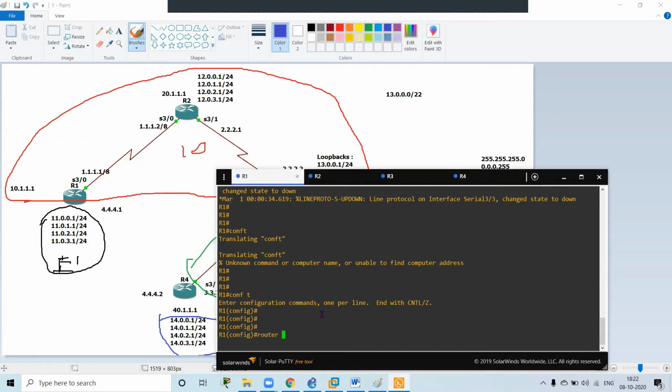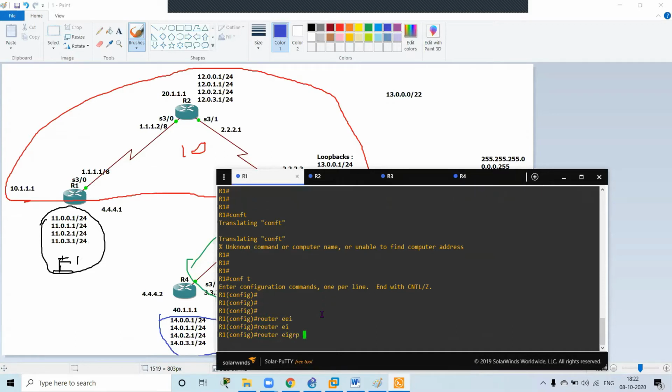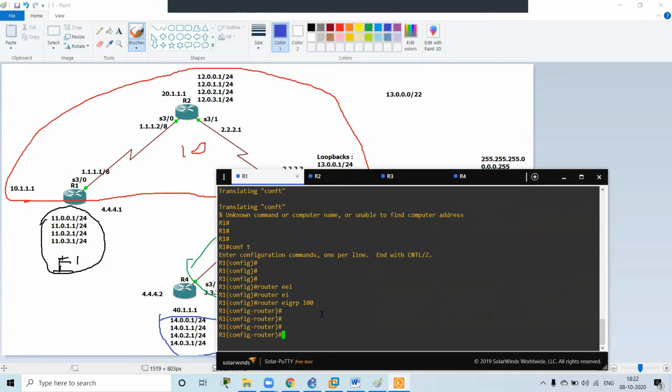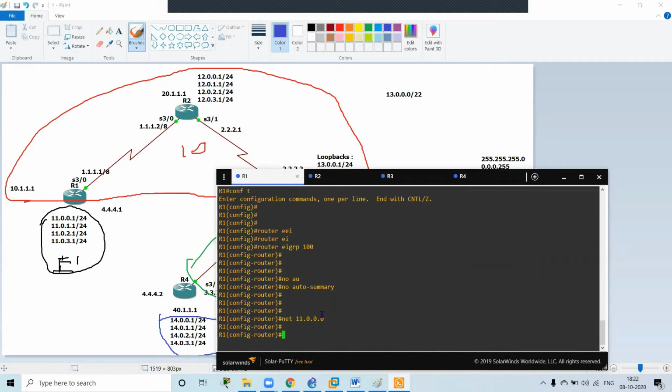Router EIGRP. First I'll write EIGRP 100, no auto summary, network 11.0.0.0. Exit.